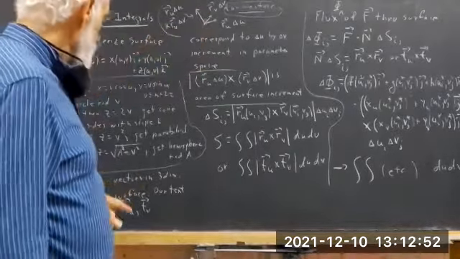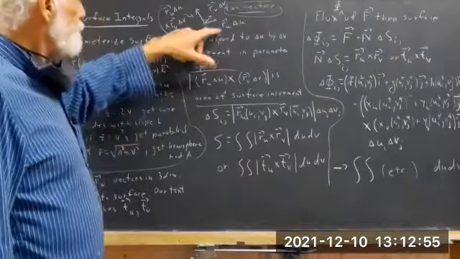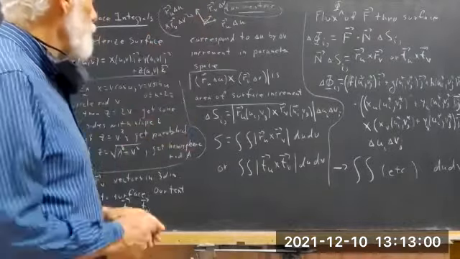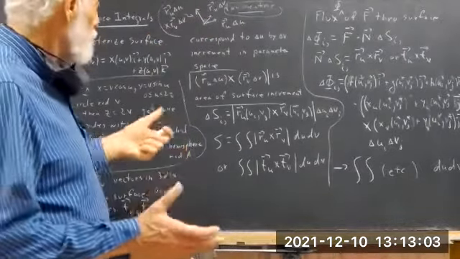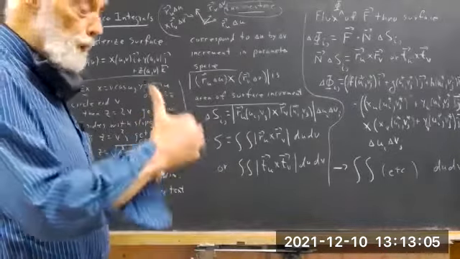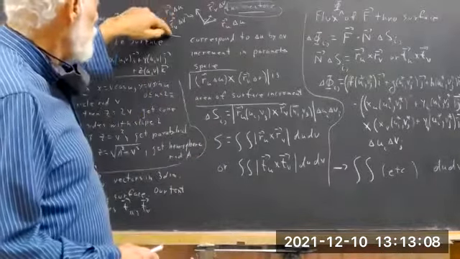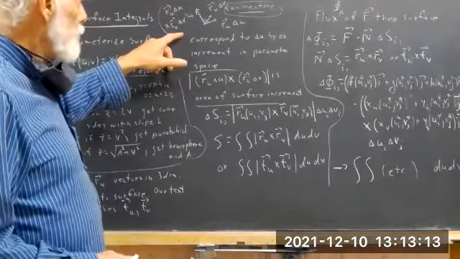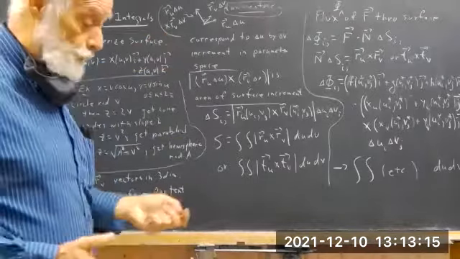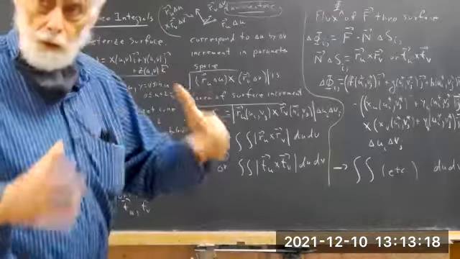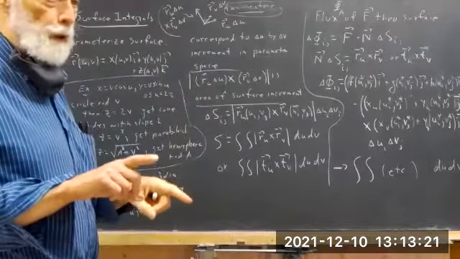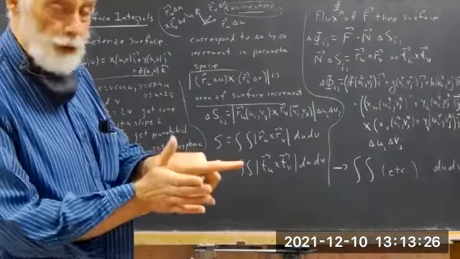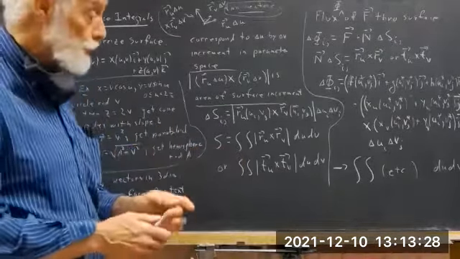Okay, then if you have a delta u and a delta v, you'll have an Ru delta u vector and an Rv delta v vector that are tangent to the surface. Their cross product will be normal to the surface. So Ru delta u cross Rv delta v should be normal to the surface. We learned very early in the course that if you have a parallelogram defined by two vectors, the area of the parallelogram is the magnitude of the cross product of those two vectors.